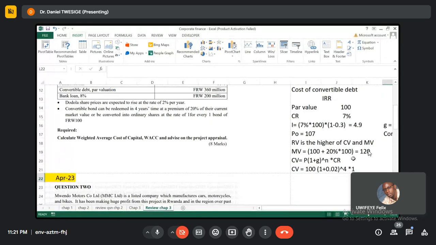Conversion ratio. Oh, because I've been using CR, sorry. Let me write it in full here, because you have been using CR as coupon rate. Conversion ratio.